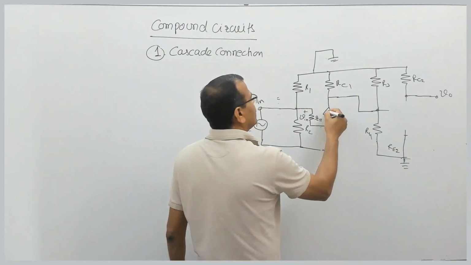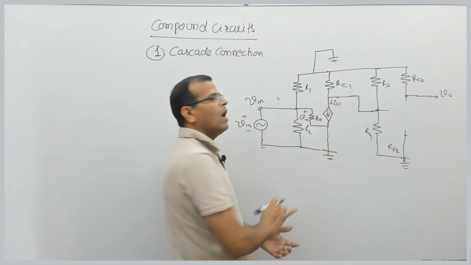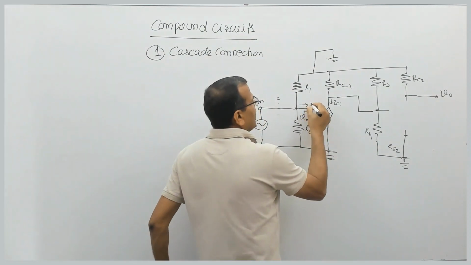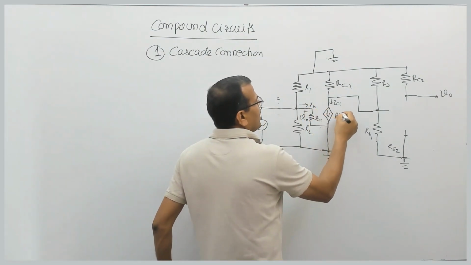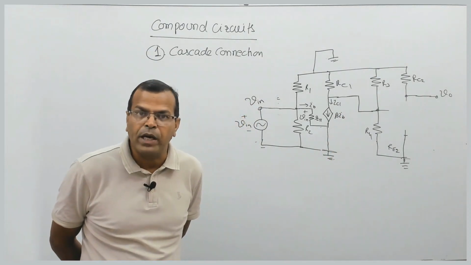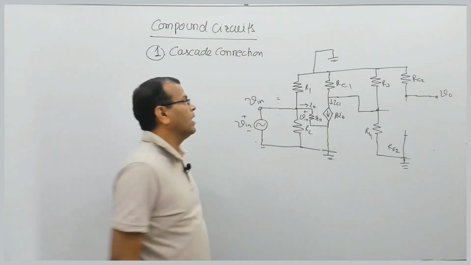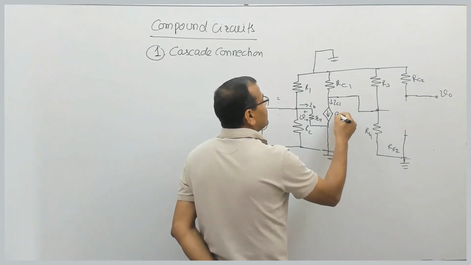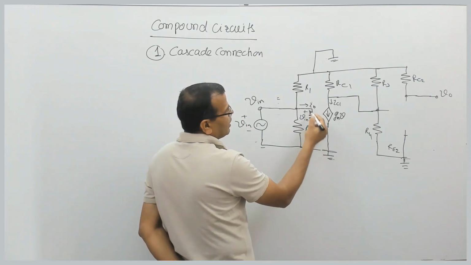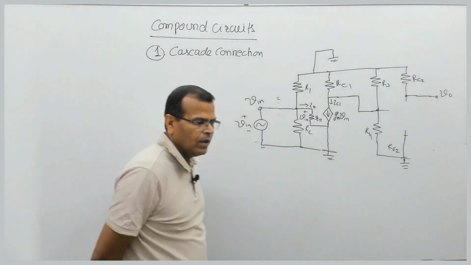Now this current source, please remember, is the collector current of the first stage, and the collector current of the first stage can be replaced by beta into IB1. If you are given beta in the question, if you have a numerical, replace it in terms of current gain beta, or you can replace it by transconductance, where this is gm multiplied by the voltage across this r pi, that is V in this case. Fine, so the choice is yours.